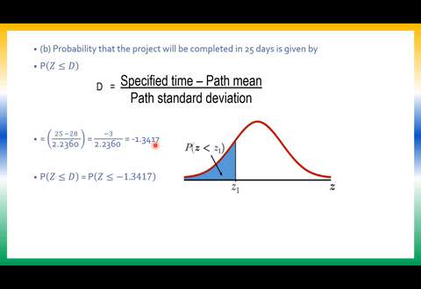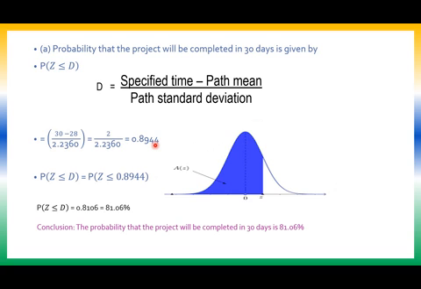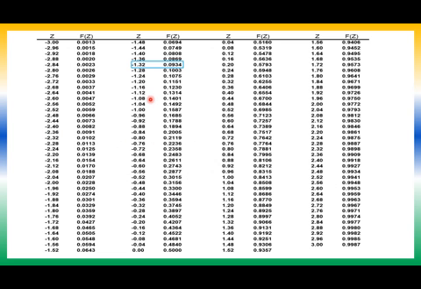So find the probability for minus 1.3417. Minus 1.34, nearest value is minus 1.32 in the table that I have. So the nearest value that I am getting is 0.0934.